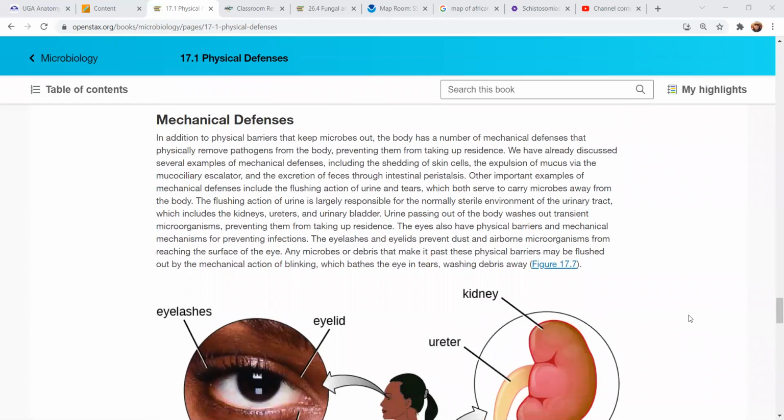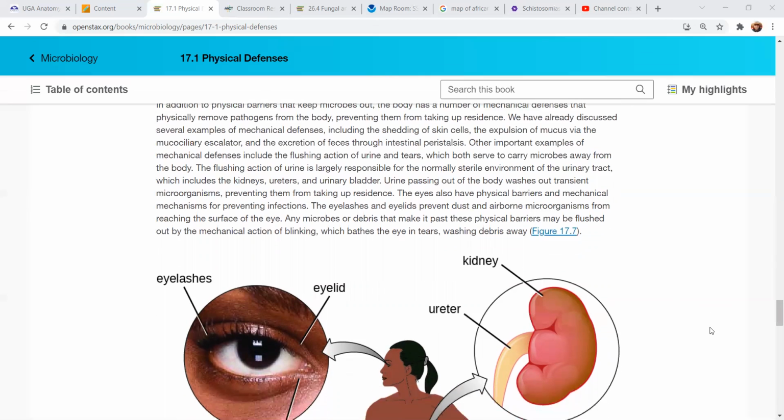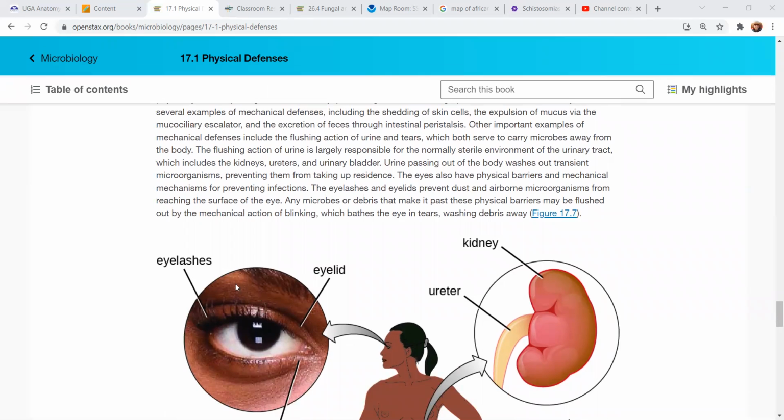Then we look at mechanical defenses. Of course, that mucociliary escalator would be a mechanical defense. Excretion of feces with pathogens in it is a mechanical defense. But also tears, the production of tears, that's a mechanical defense that helps to wash debris and bacteria from the eyes.